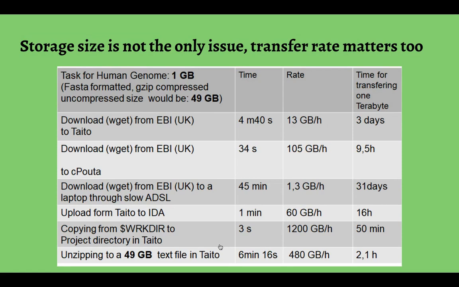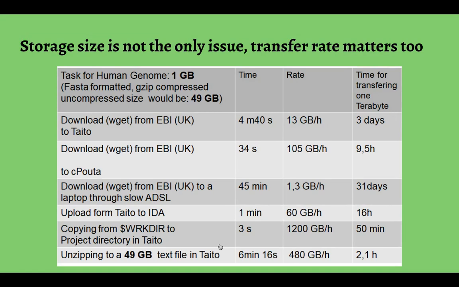Another example here shows how important it is to compress your data. The FASTA formatted human genome is a kind of extreme example of compressibility. When I uncompress the file, it is nearly 50 gigabytes, so the compressed file is nearly 50 times smaller than the expanded file, which means that of course the transport rate is also 50 times faster in practice.